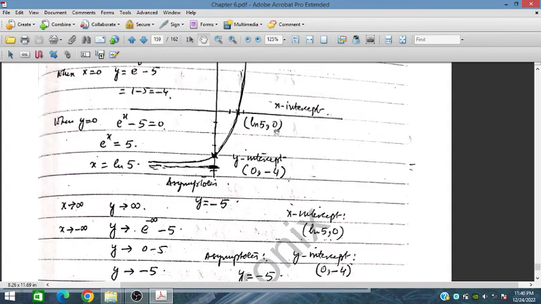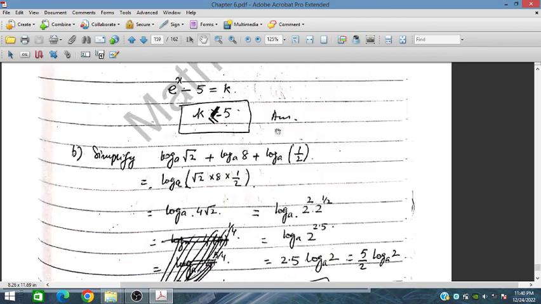Now in part B, we have to simplify, or write it as a single logarithmic function. So log_a of root 2, log_a of 8, and log_a of half. This is under root a, this is 8, and this is half, because same power, same base, and no coefficient outside. So this is 4 divided by 4 root 2, this is 2 squared, and this is 2 to the half.